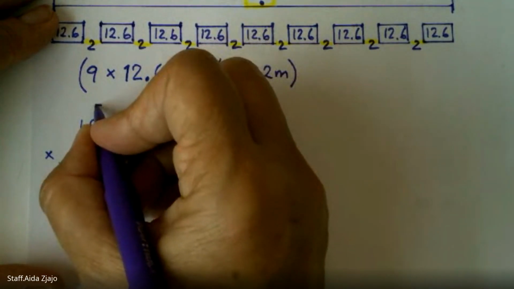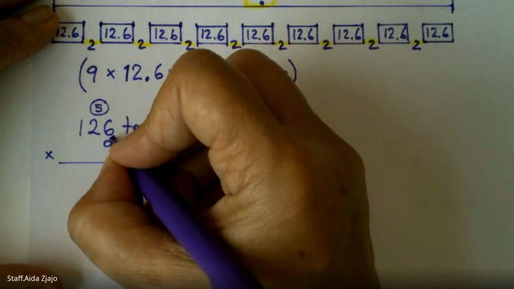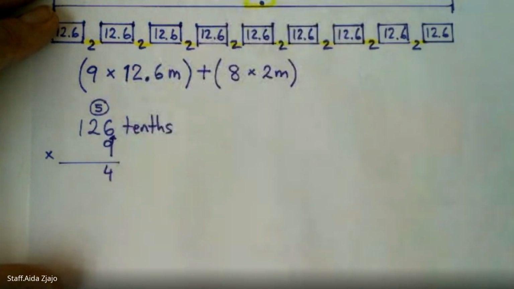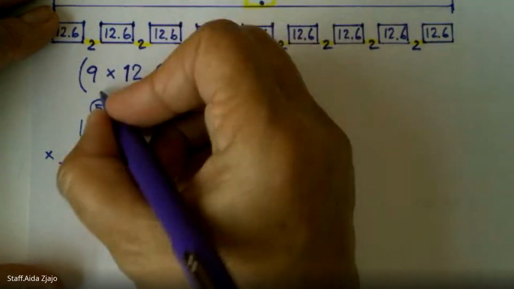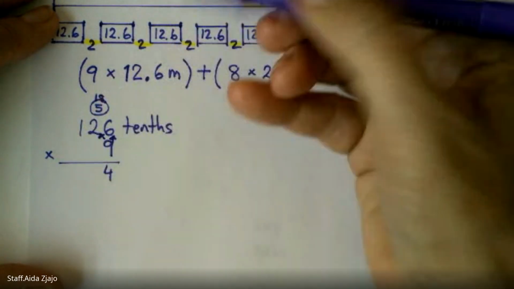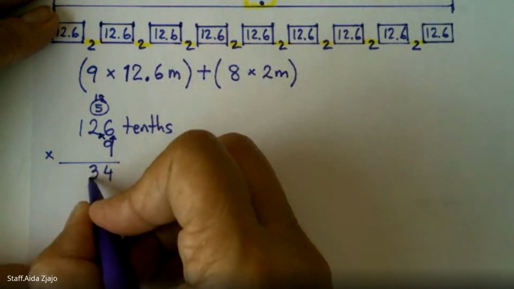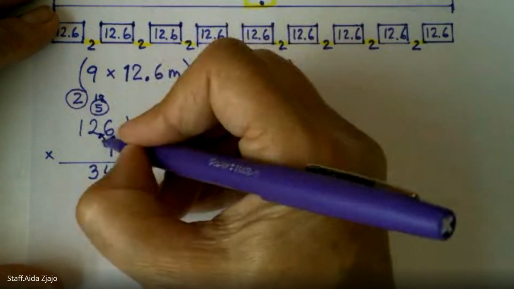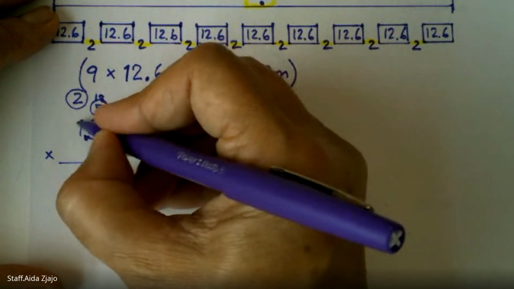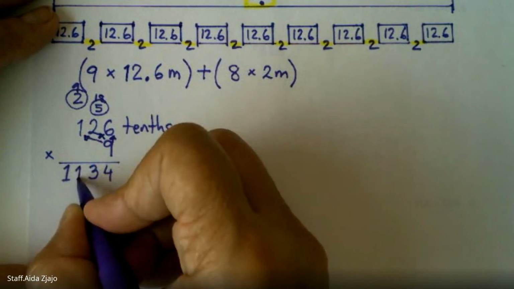I remember 5. 6 times 9 is 54, and 2 times 9 is 18. So 18 plus 5 is 23. 3, I remember 2. Now 1 times 9 is 9, and plus 2 is 11.